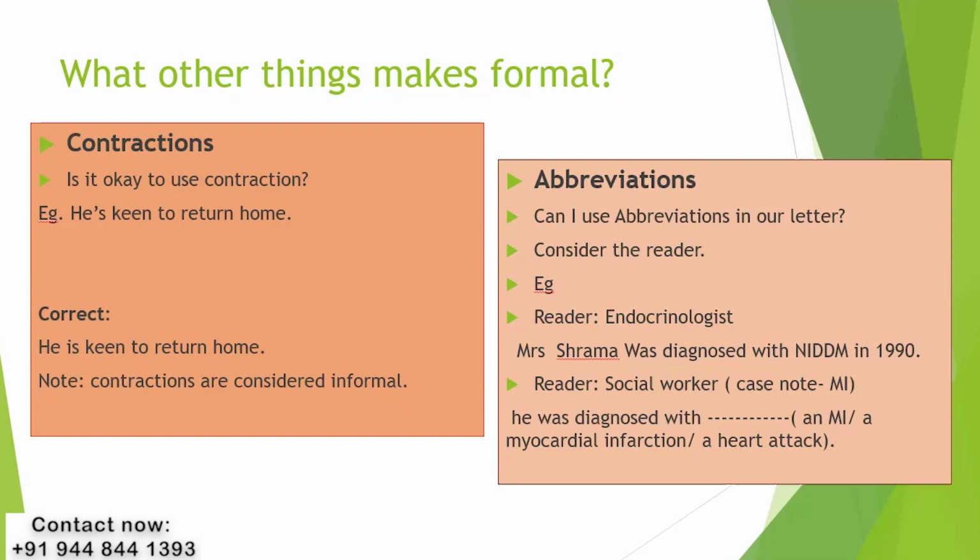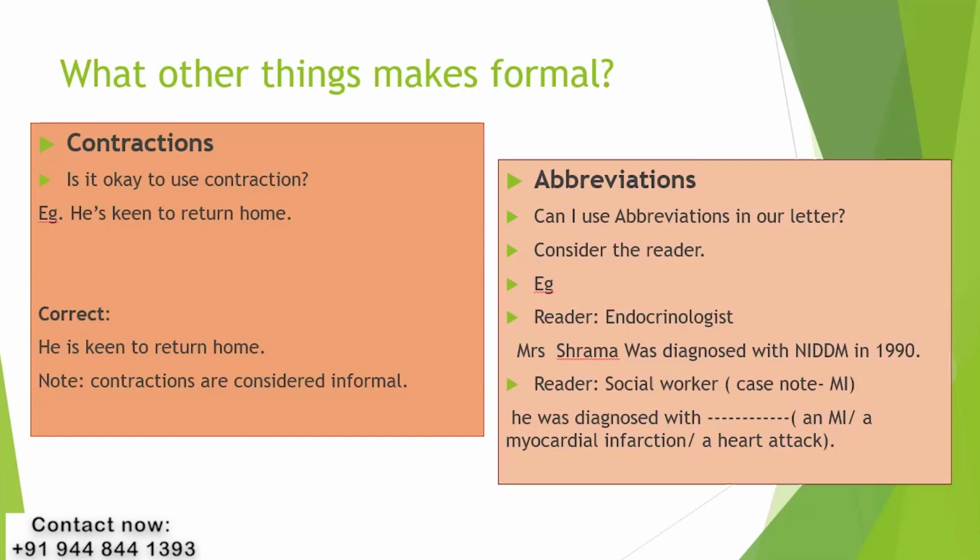You have to choose for the social worker letter. The more appropriate way here is a heart attack, because here also you can see heart attack is countable, that's why I have written an article there. You can think this is a patient term, a lay term, is it okay to write? But according to the case note and the reader, it is appropriate to the reader, so you can write it.